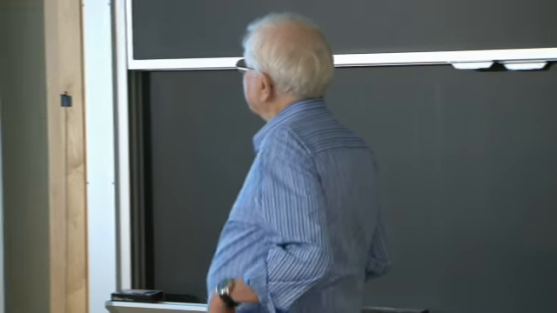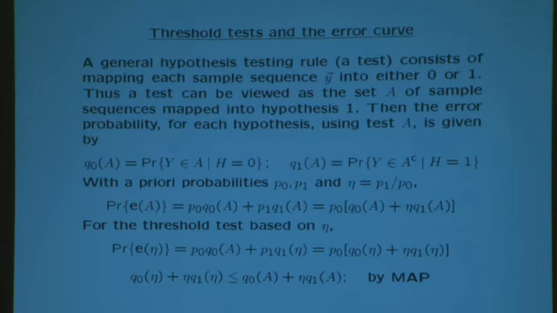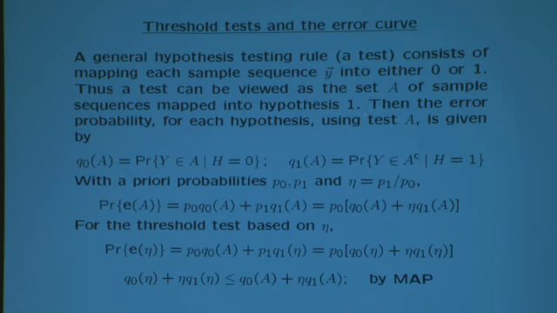So we will just say arbitrarily there's a set A of sample sequences that map into hypothesis 1, and the error probability for each hypothesis using test A is given by, and we'll just call it Q sub 0 of A. This is our name for the error probability.